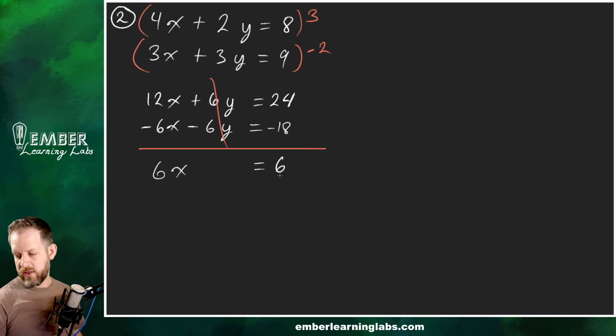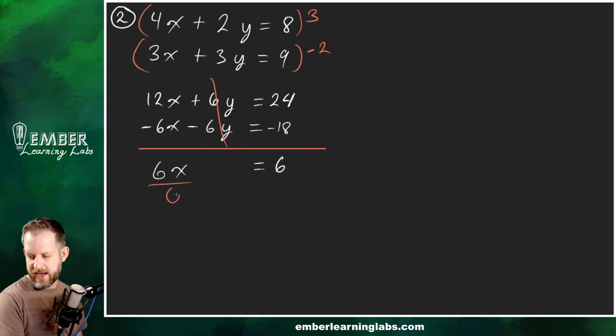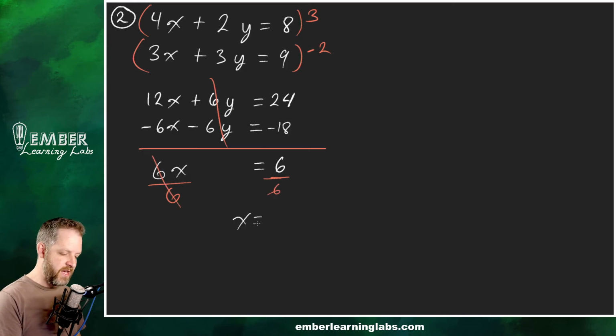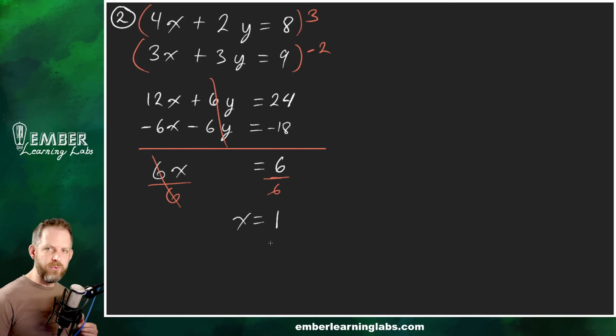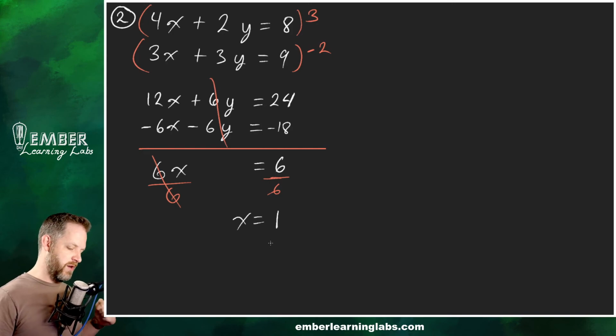Okay, so the last thing we're going to do here is divide both sides by 6. Those 6's cancel, leaving us with x equals, now 6 divided by 6 is 1, right? So it kind of cancels too, sort of, but when we're dividing, canceling equals 1.